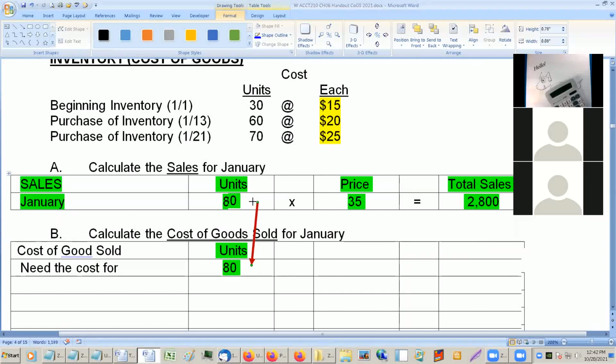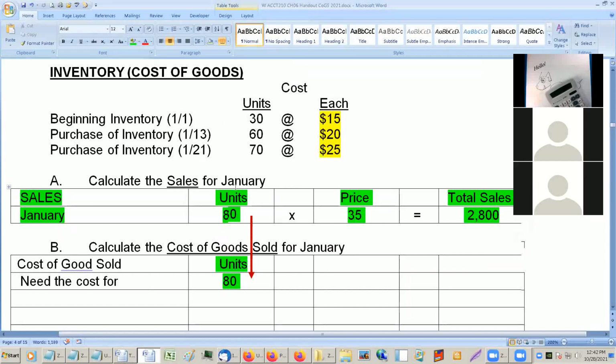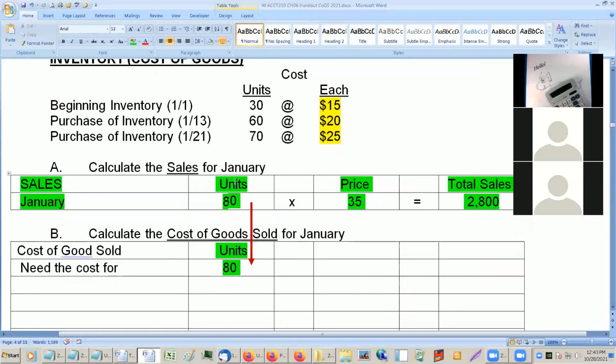You guys get the idea. So we sold 80, so we have to find the cost for these. Now, for the tricky part, which ones were the first ones in? The 30 units and 60 units. Yep. So these were the first in.